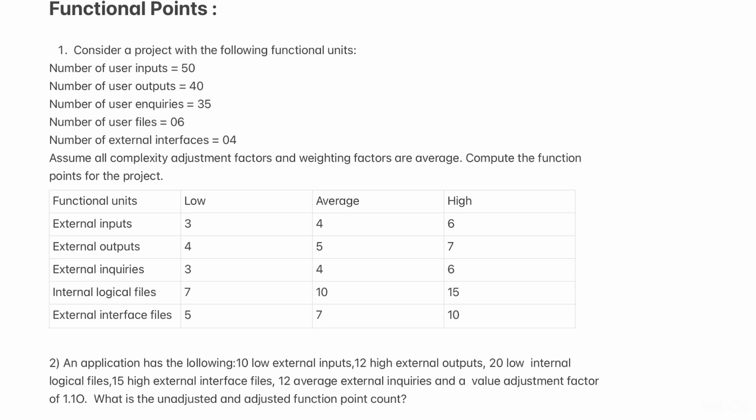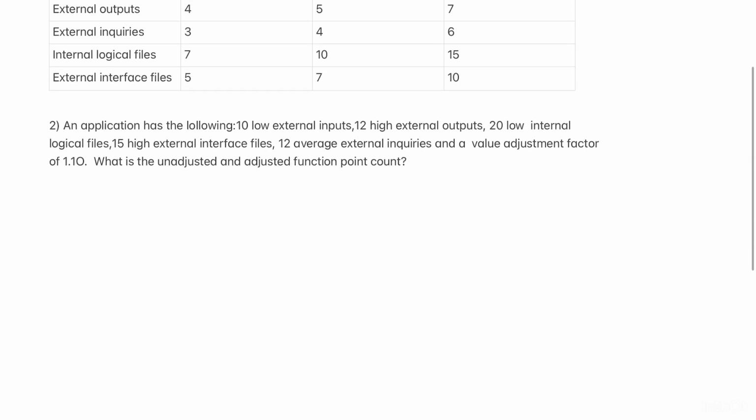Sometimes in the exam paper this table is given but sometimes it's not, so we might have to remember all these numbers. As it says, the weighting factors are average, so we have to multiply the number of user inputs, 50, with these average numbers. That will give us the unadjusted function points. Okay, let's see the formula.